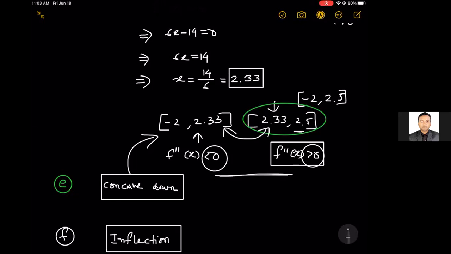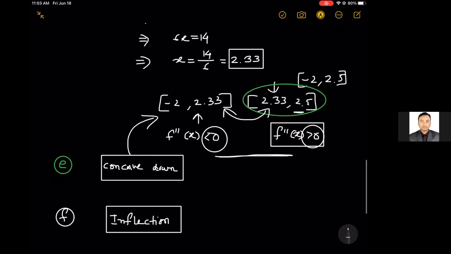You just need to write, if there is any space or if it asks for the reason behind it, that at x equals 2.33, our function is changing its concavity, so definitely it's the inflection point. So you can see we have 6 questions from a single problem.